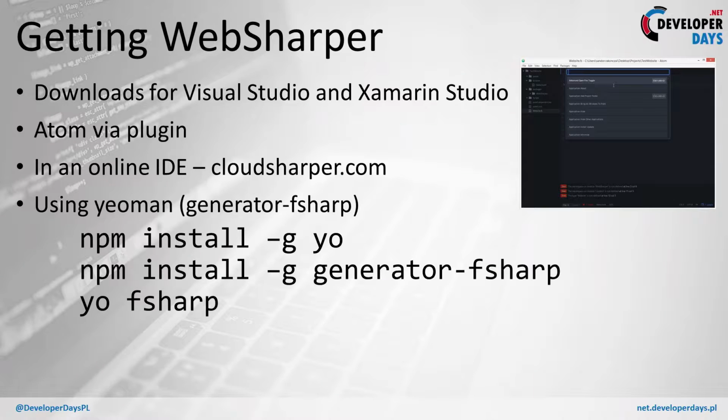You can use other command line tools like Yeoman to install and run WebSharper applications. And we also have an online IDE, cloudsharper.com, and there's another upcoming online environment that I'm going to be demoing to you at the end of the talk. So these are the different ways of you being able to run and experiment with WebSharper.